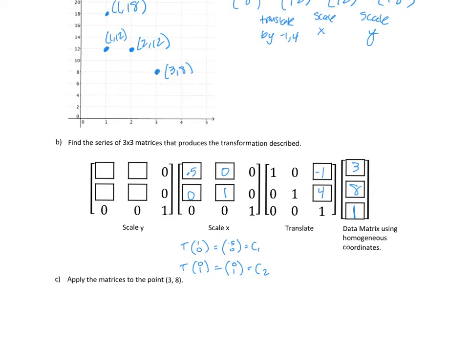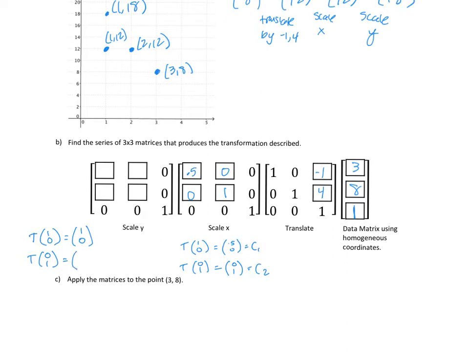Okay, now I do a similar calculation to scale y. I have to figure out where does T of (1, 0) go, and where does T of (0, 1) go when you scale y by 3/2. So in this case, I'm not changing x, I'm just scaling y, and 0 times 3/2 is still 0.